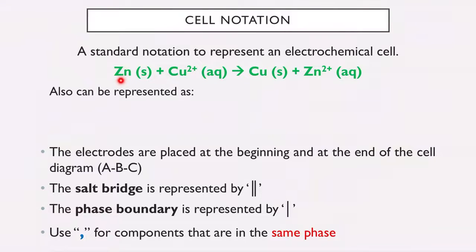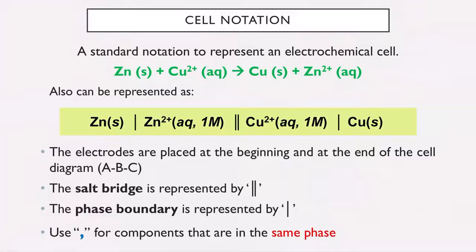So let's say this is your electrochemical cell right here. This is the redox reaction, the overall cell reaction. Okay, so it can be represented as this. So how do we even write this cell notation?